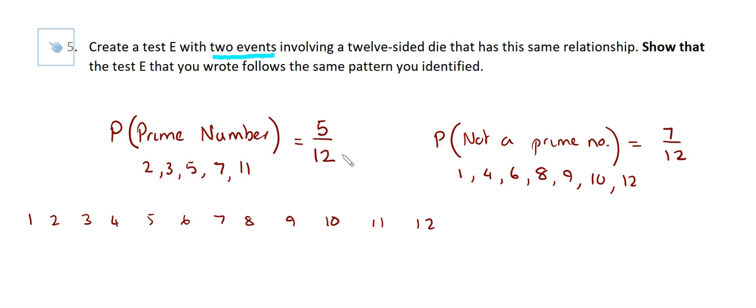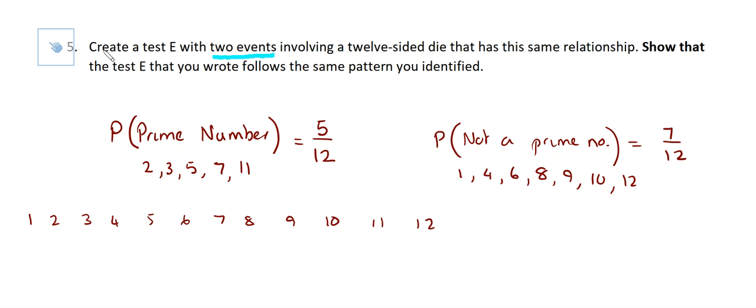So now this is an ideal answer. Why is it an ideal answer? Because I've written the prime probability events correctly. I've shown the probability, but I've also shown that I understand what I've done. I've listed those numbers out. All right? That would be an ideal answer for something along these lines.